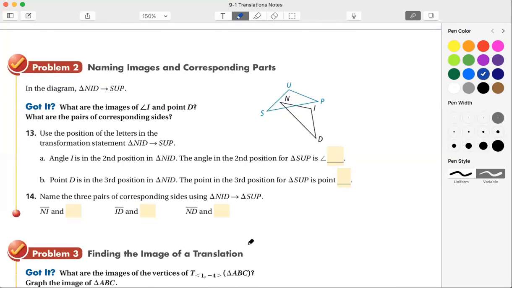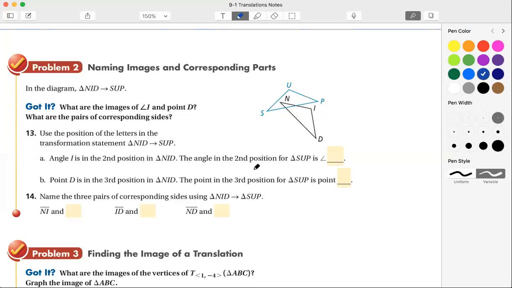All right, naming images and corresponding parts. In a diagram, triangle NID is mapped to SUP. What are the images of angle I and point D? Use the position of the letters in the transformation statement. Angle I is in the second position in triangle NID.